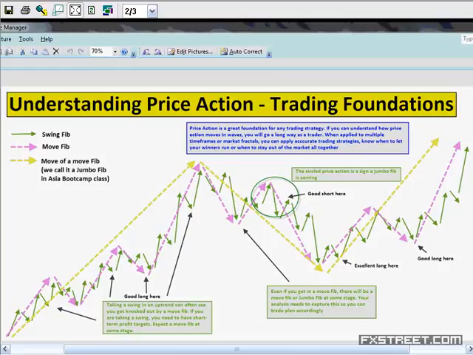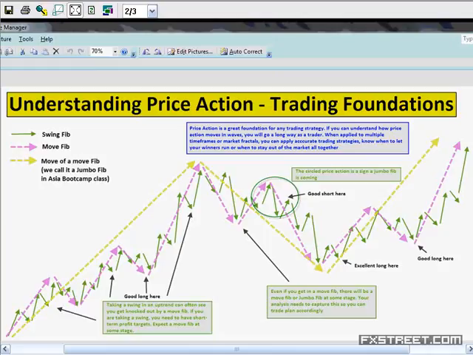In this example we look at that yellow line as being a daily swing, and the pink as maybe being a 4-hour chart, and the green as being, say, 15 minutes. Okay, that's the time frames. That's how the fractal nature of the market works.